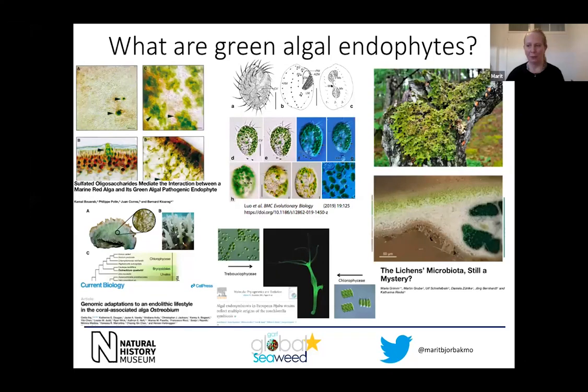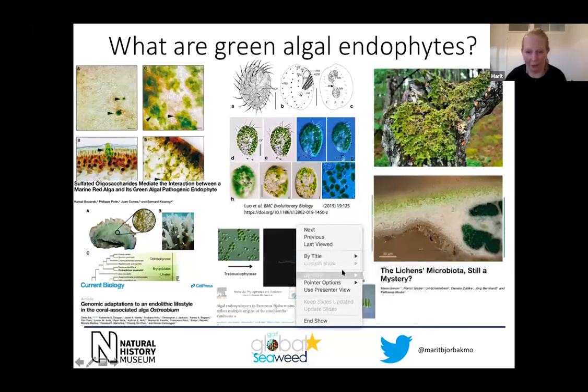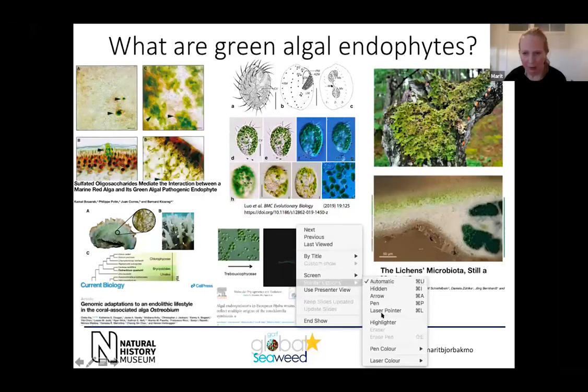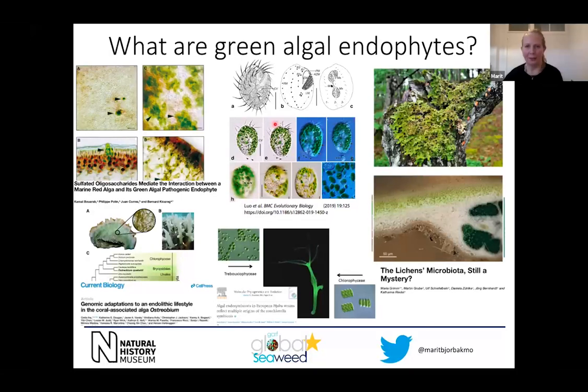For example, some green algae are known to live as endophytes inside single-celled eukaryotes, also called protists, such as foraminifers and also ciliates, such as these. It's also known that some green algae live as endophytes inside animals, such as corals, and also cnidarian hydra, such as these examples here.